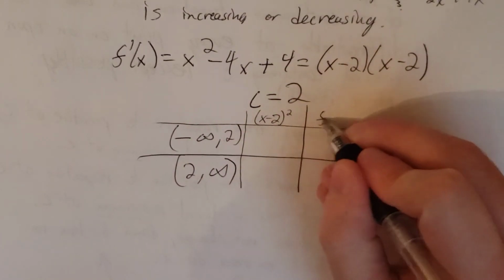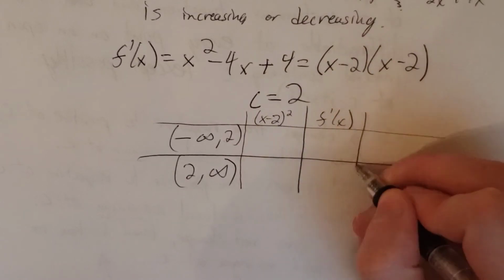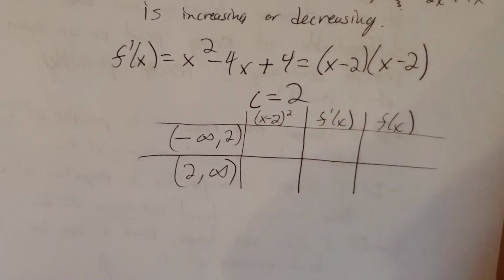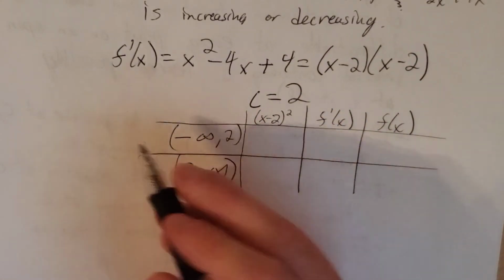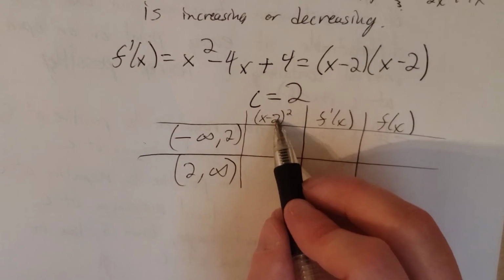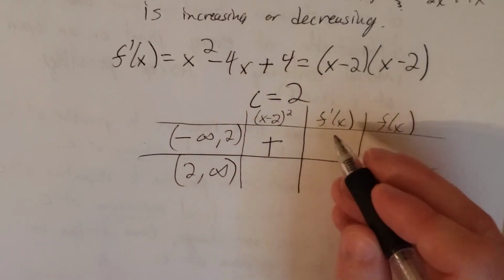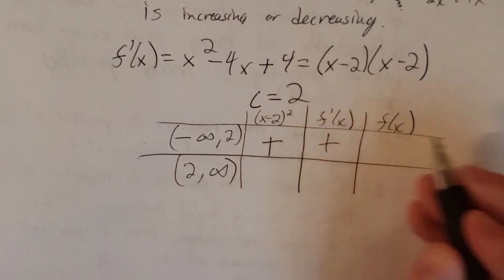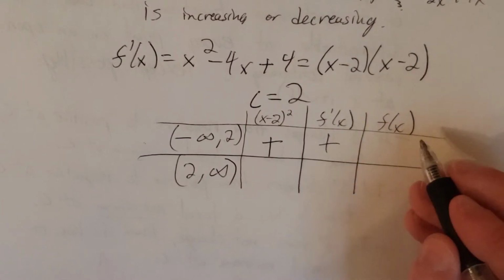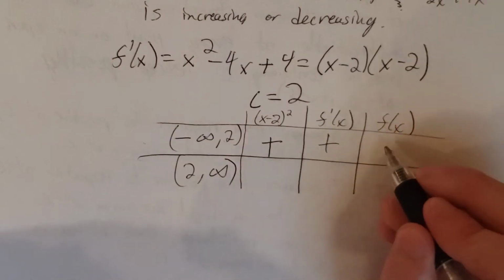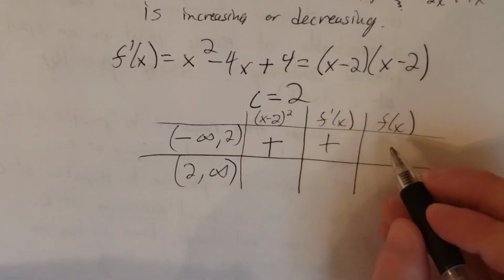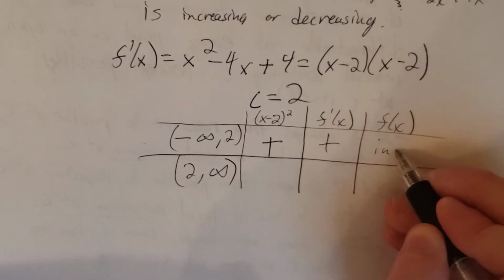So that will tell us what happens with the derivative, which will then tell us what is going on with the original function. Okay, we plug in something from negative infinity to 2. Let's plug in 0. If we plug in 0 here, we get a negative, but then squared is a positive, which tells us our whole derivative is positive, which tells us that our function is increasing.